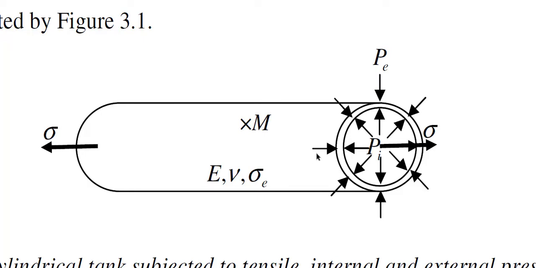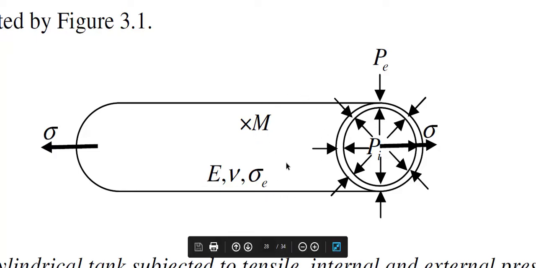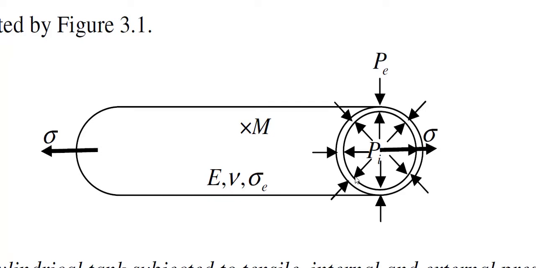So, under this loading, pressures and tensile stress, only the radial displacement and also the longitudinal displacement, so UR and UZ, are allowed. We have no circumferential displacement U theta.